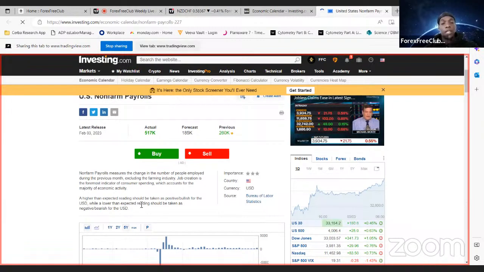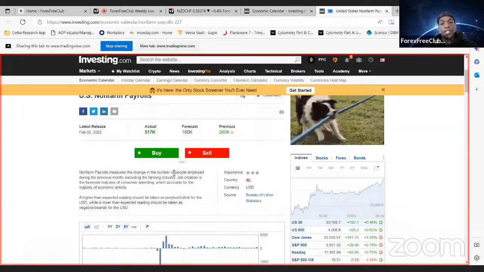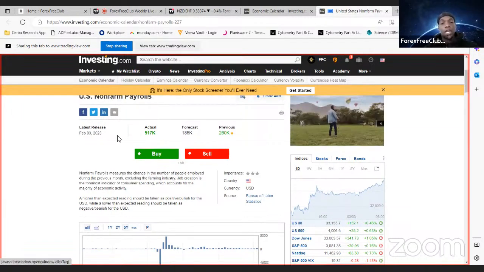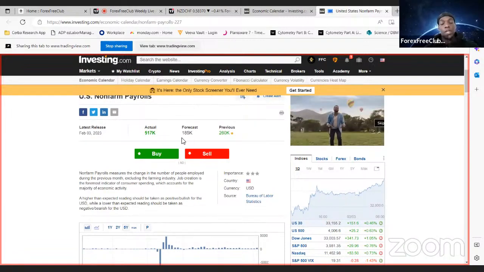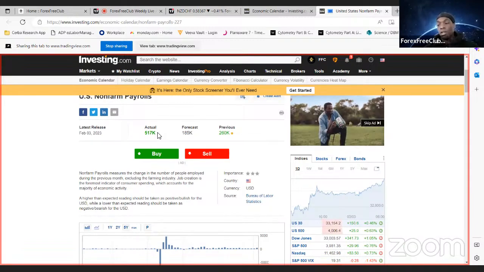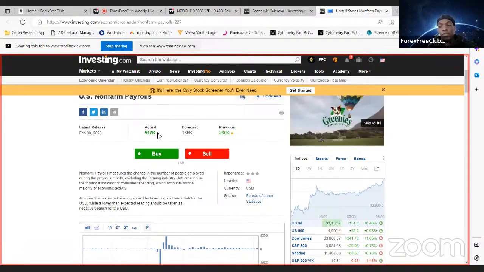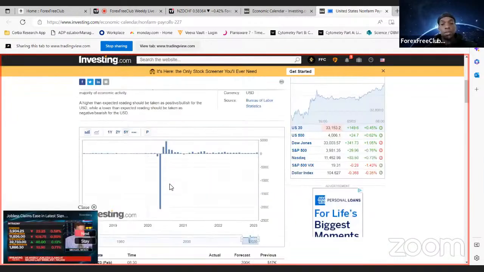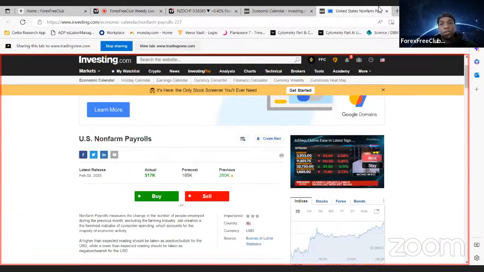A higher than expected reading should be taken as positive, and a lower than expected reading should be taken as negative. So the forecast is 185 for next month, I believe, and it was 517 for last month, which was positive, and we'll see what happens next month.